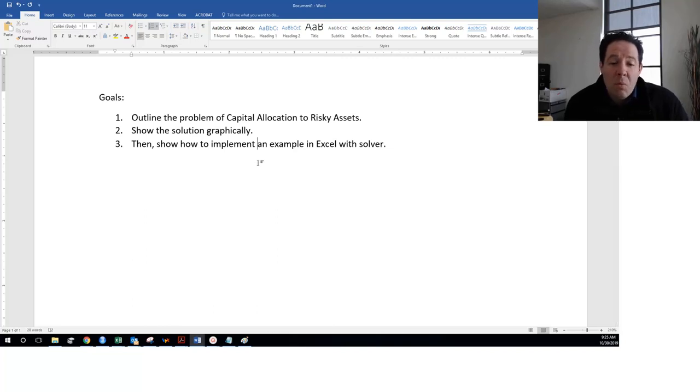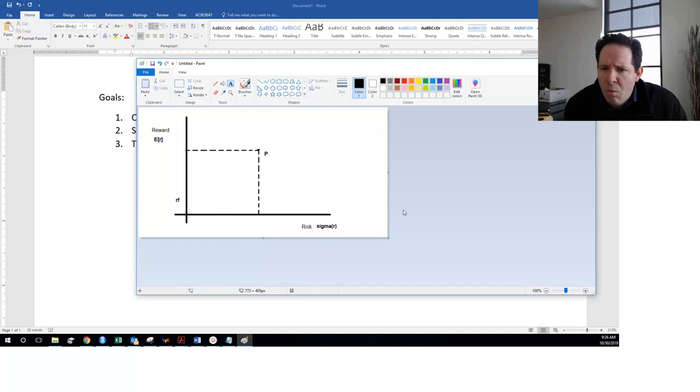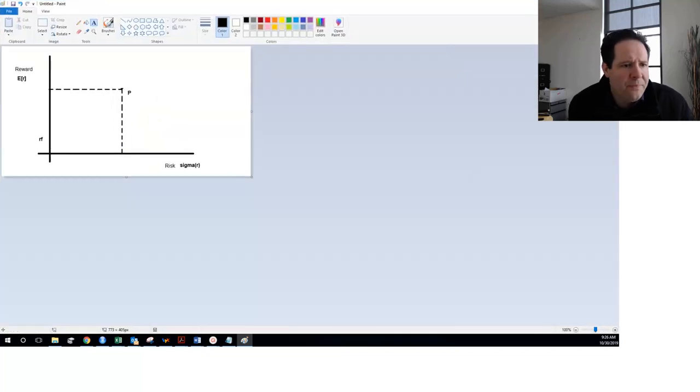This is one of the important building blocks to the Markowitz portfolio model, which is the foundation of a good investments class. Okay, so what does the graph of this trade-off between risk and expected return look like? In an investments context, we think of the reward to the investor as the expected return an investor can receive.